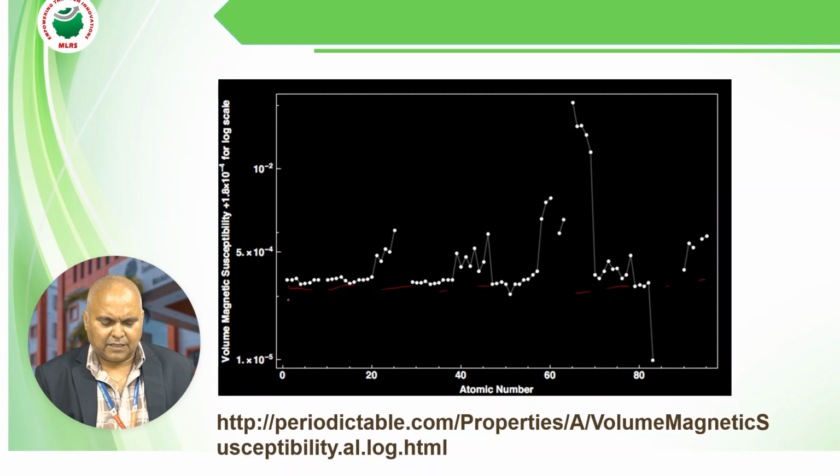You can see the magnetic moment of the lower atomic numbers has a value of less than 5 times 10 to the power of minus 4. At a particular point the value will be higher, maybe iron. The magnetic susceptibility values are in terms of 10 to the power of minus 4, a small value for all atomic numbers.